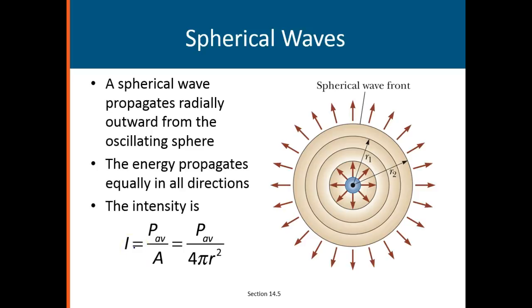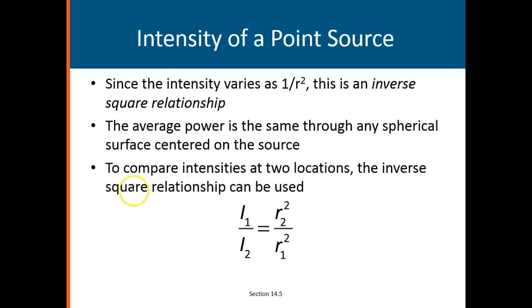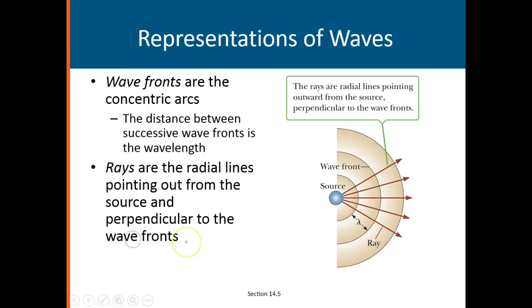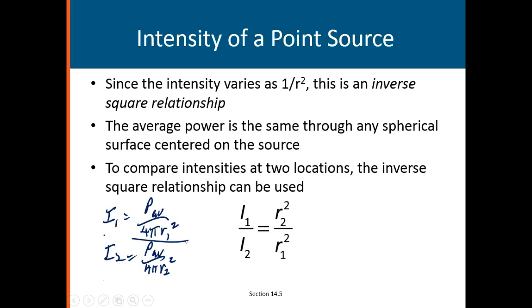I1 is equal to P average over 4 pi R1 squared. I2 is equal to P average over 4 pi R2 squared. So the ratio of I1 to I2 is the ratio of these. The P average is the same for both of them, so those divide away.